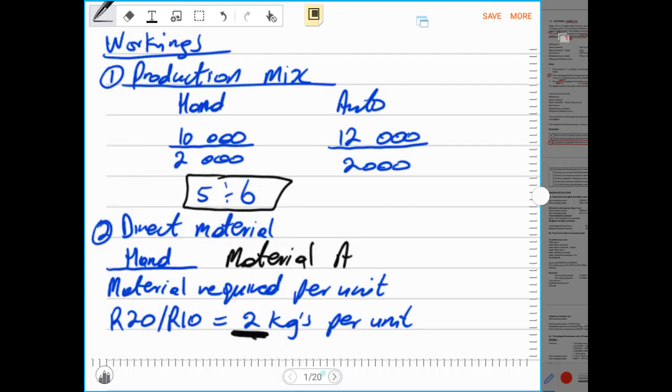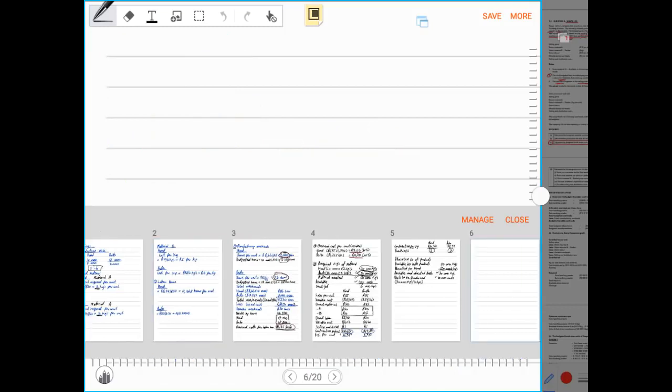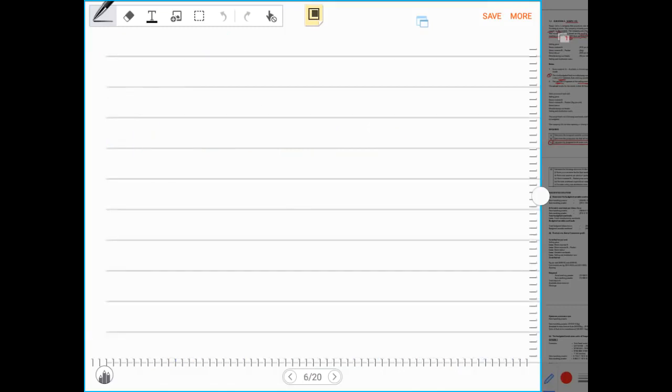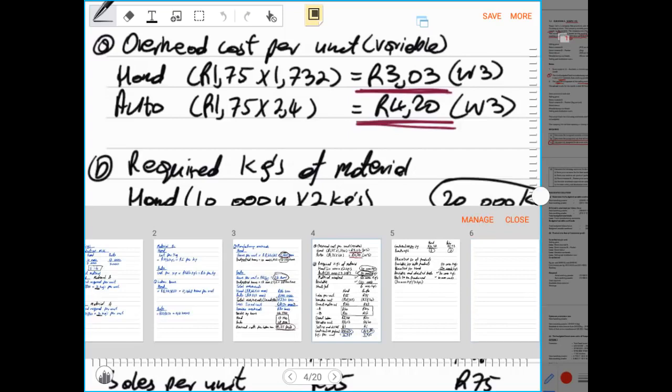Our production mix was 5:6. So now we need to calculate our contribution and multiply that by the production mix. We have already calculated our contribution; there's no need for us to go back.